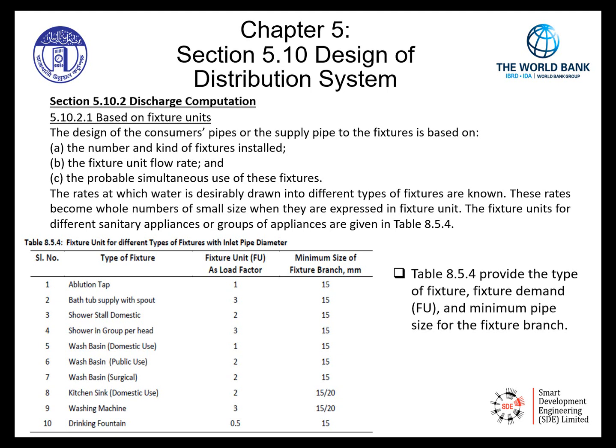The minimum size of fixture branch in millimeter for the shower in group per head is a minimum pipe size of 15 millimeters. If we have a wash basin for public use, item number 6, we find that the fixture unit value is 2. That is our load factor or demand for that public use wash basin. And again, the minimum size of the pipe for this particular type of fixture can be no less than 15 millimeters.